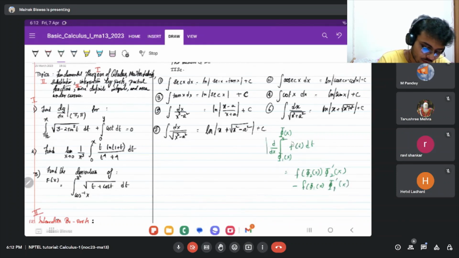This is what we had proved using the fundamental theorem of calculus. Very simple proof, very basic. So we have shown it last day. If you haven't checked it out, you can go and see it if you're interested.